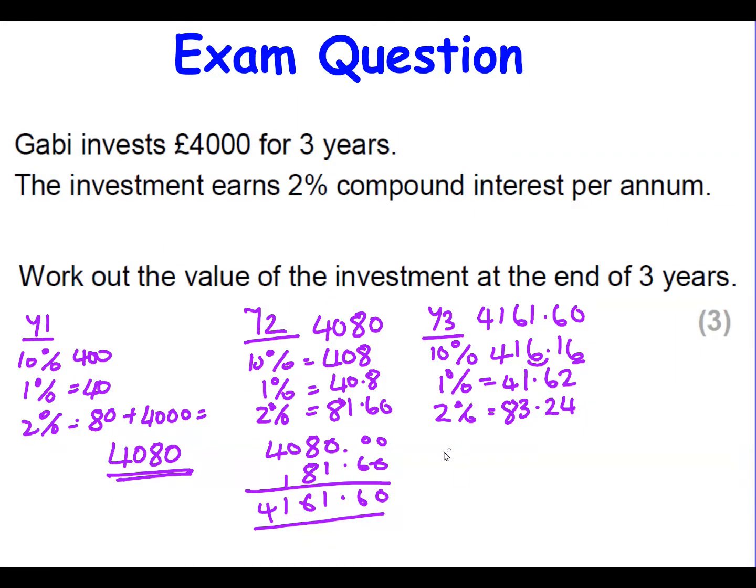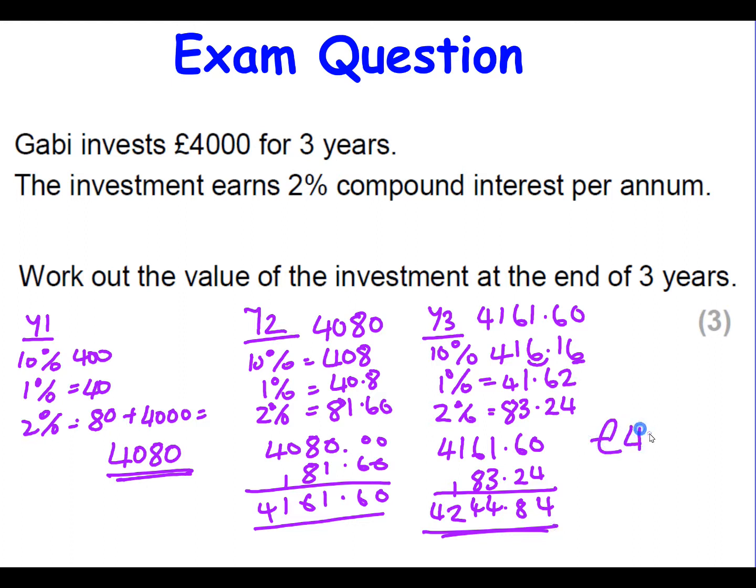Add this to the original amount, and that gives us our new total of £4,244.84. So work out the value of the investment after the 3 years, £4,244.84.